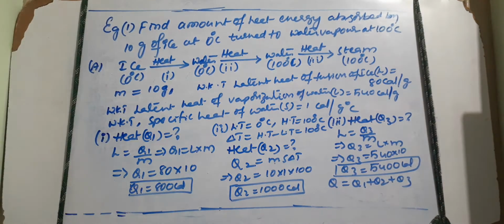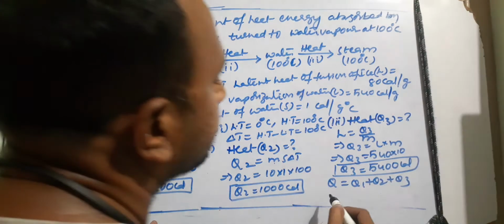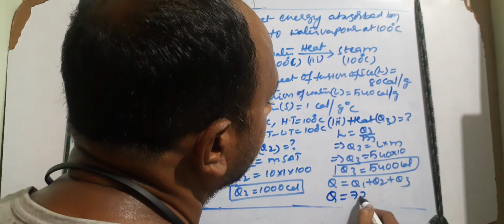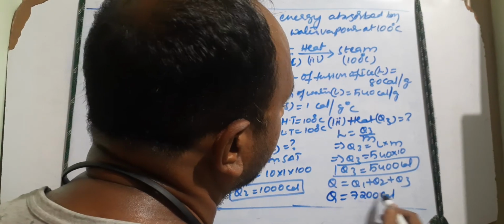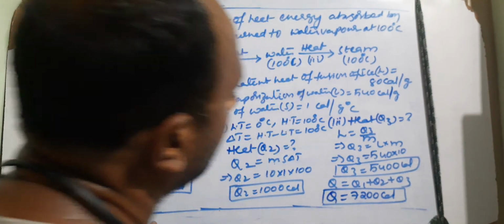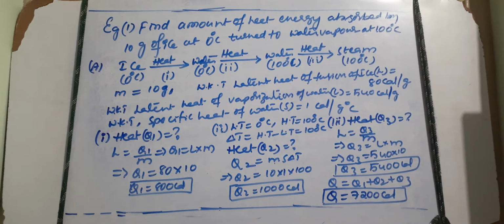Q3 is 5400, Q2 is 1000, so 5400 plus 1000 is 6400, plus Q1, which is 800. 6400 plus 800, that is Q is equal to 7200 calories. So this is the total amount of heat energy absorbed.